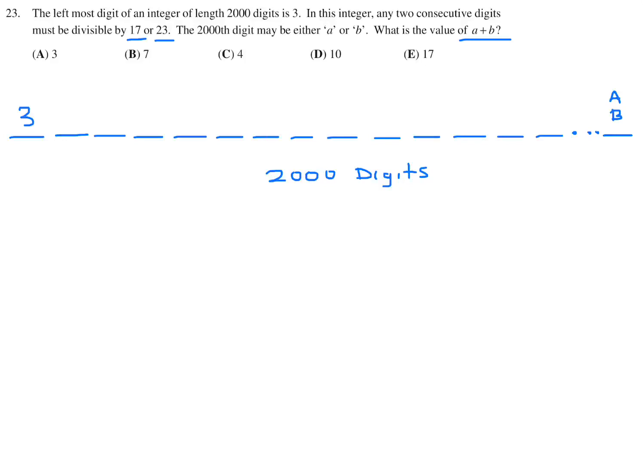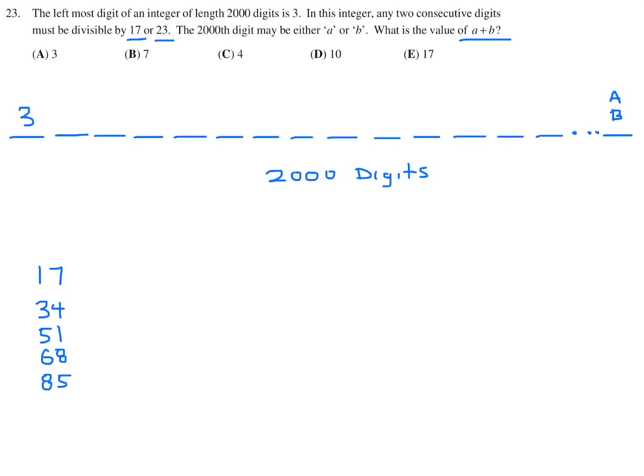And they've given us some rules: anytime you have 2 consecutive numbers, those numbers have to be divisible by 17 or 23. So what I'm going to do on the side here is write down all the multiples of 17 and 23, because that is going to help us. So we have 34, 51, 68, and 85.